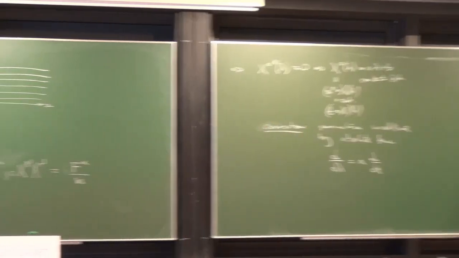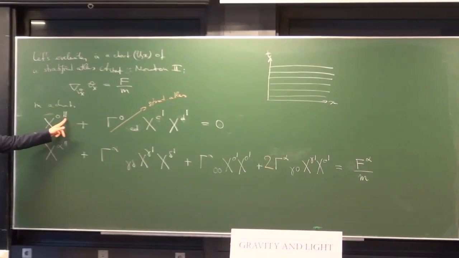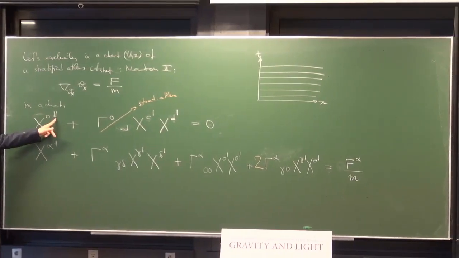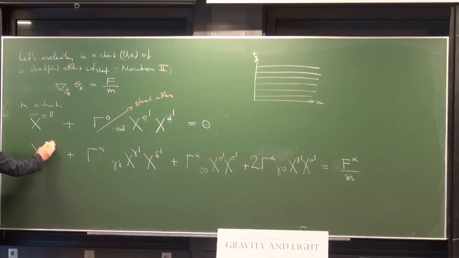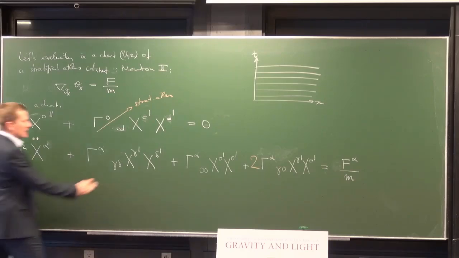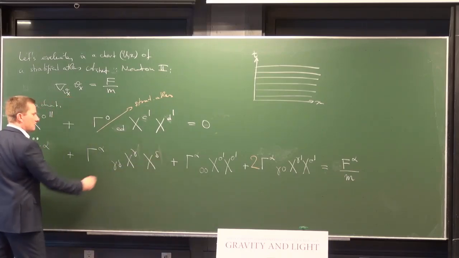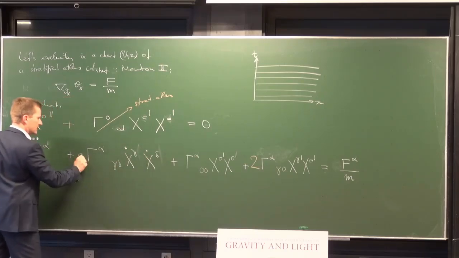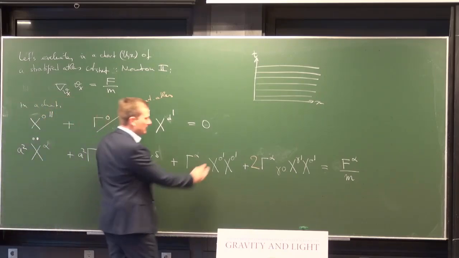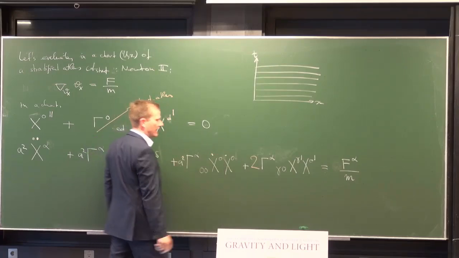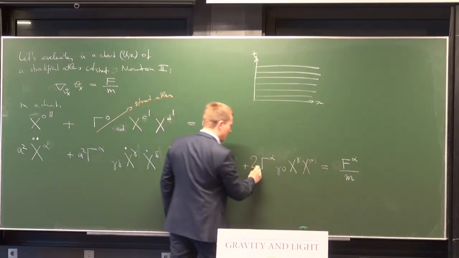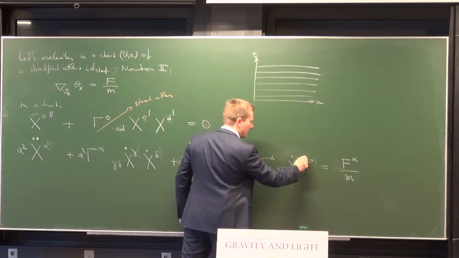So you can convert these primes into dots, if the dot is the derivative with a, down here. We do this twice, so instead of double prime, we get double dot with a factor a squared. Each pair of primes becomes dots with a factor a squared.